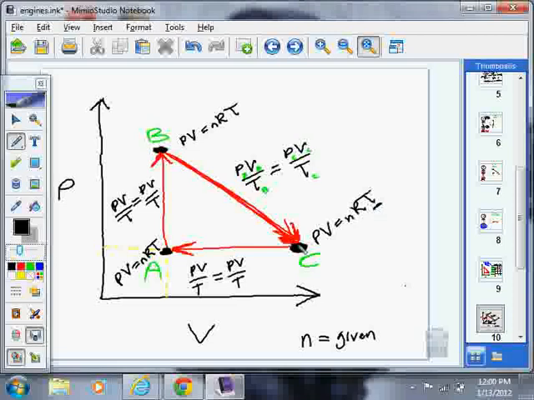So for each of these corner points here, you could use U equals 3/2 nRT. And over here, if you know the temperature, you could use U equals 3/2 nRT. And at this point too, U equals 3/2 nRT.